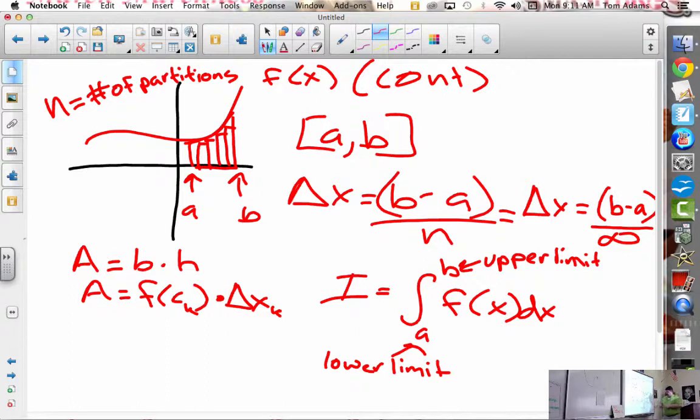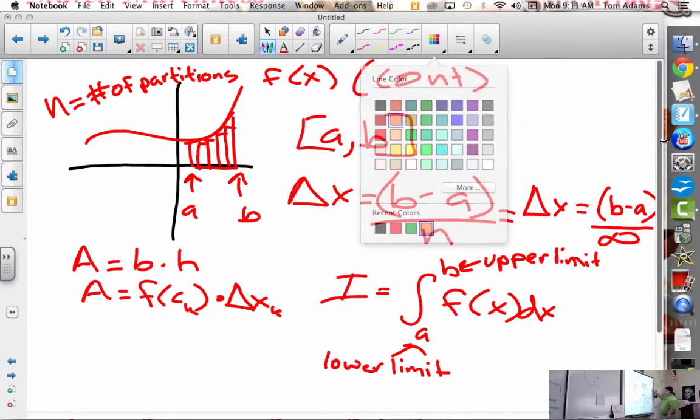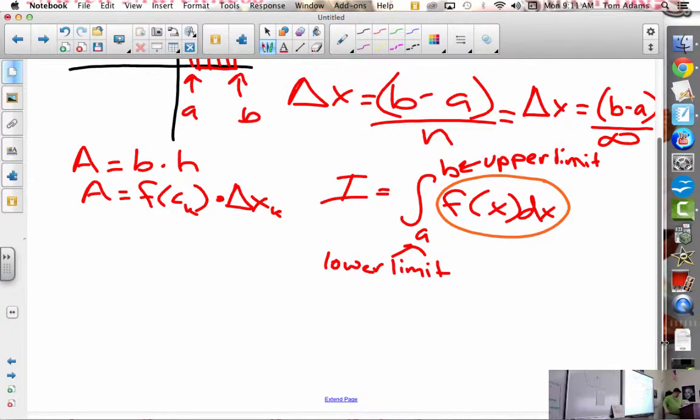And so let's look at all the terminology. You should probably write this down. Let me slide this up for you guys. This right here is the integral from a to b.